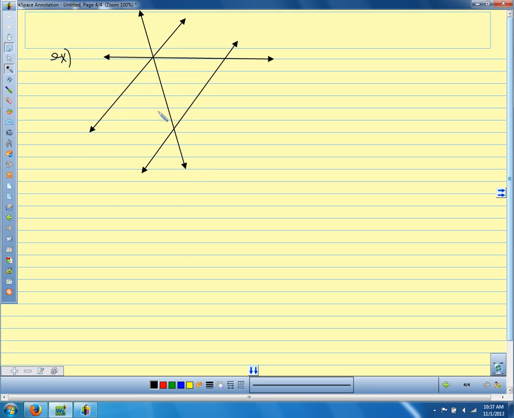And for this diagram, we're saying that, and I'll mark it in red so we can see it, those two lines are parallel.